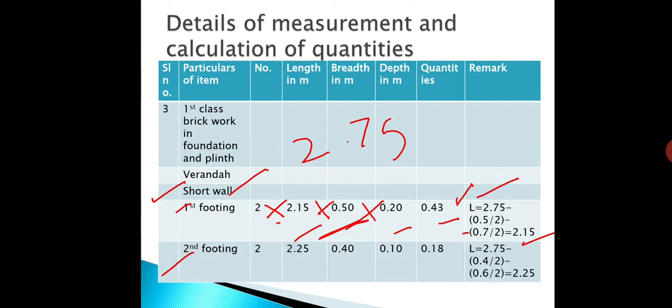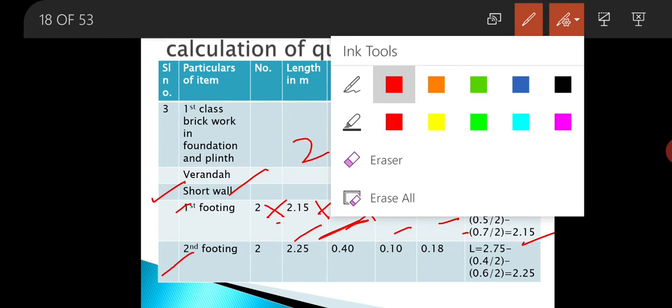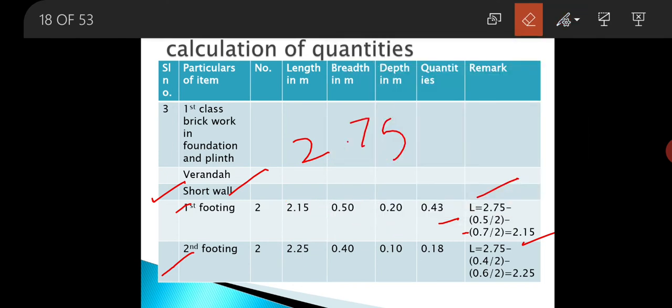This one is the veranda. Similarly, for the second footing, this is the calculation, number 2. Length is 2.25, breadth is 0.4, depth is 0.1. Then by multiplying, we will get 0.18 cubic meter. See here, from the center line length of 2.75, we will subtract 0.4 by 2 from one side and 0.6 by 2 from the 30 centimeter wall side. So this way the length becomes 2.25.